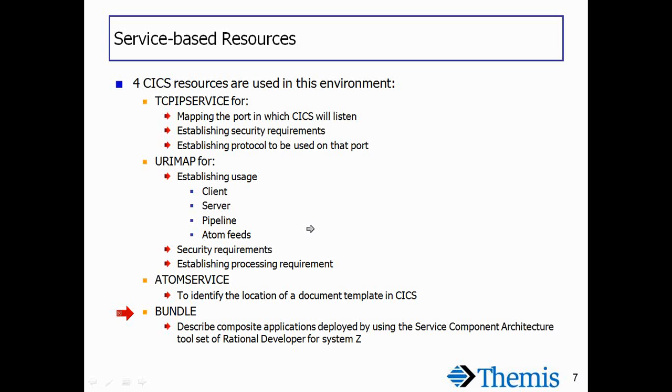Now, as it says here, the bundle resources are really defined in a graphical environment on your desktop. They're not defined in a traditional RDO transaction like CEDA, although I define where bundles live so I can go find it.